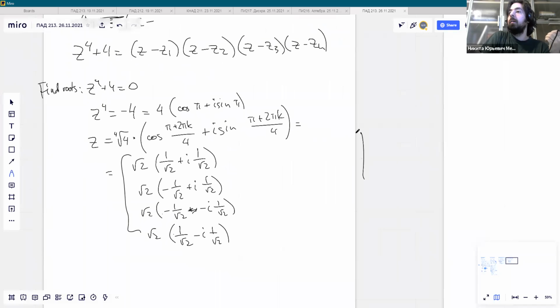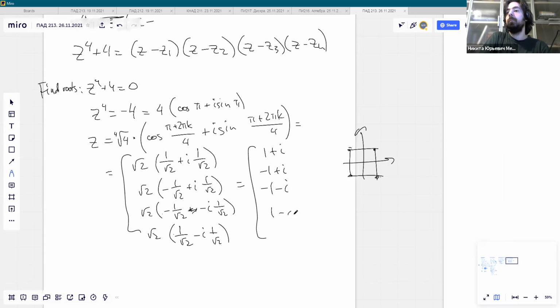Geometrically, it looks like a square. This point, this point, this point, and this point, right? This angle is pi over 4. So, well, I can cancel square root of 2. The problem was invented so that it cancels. So I get those 4 values.